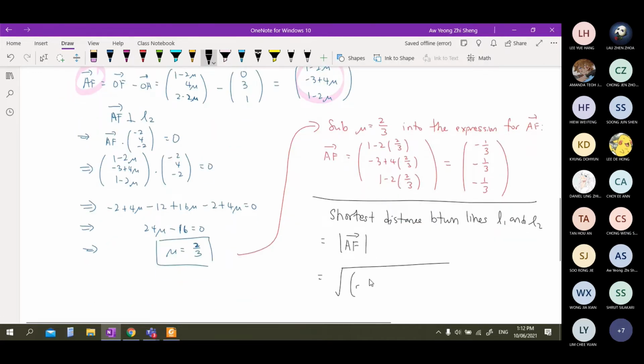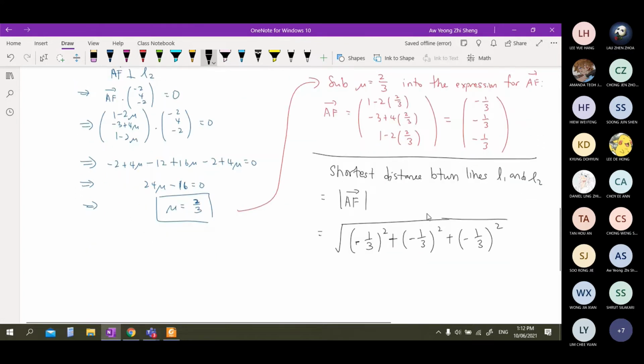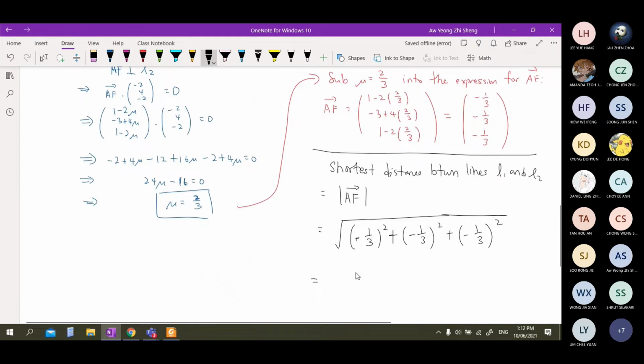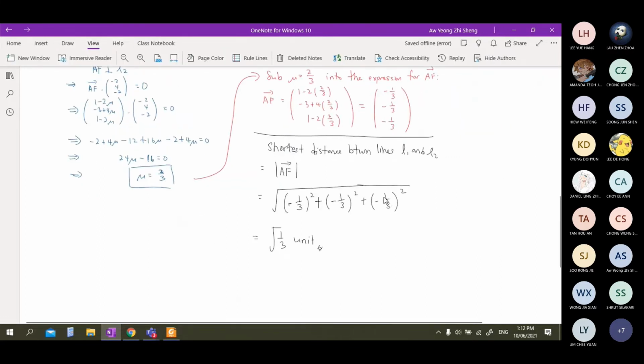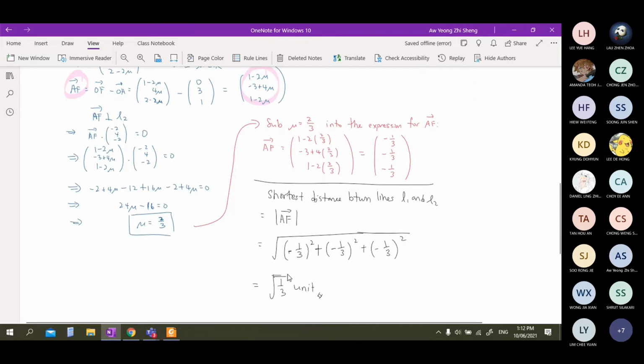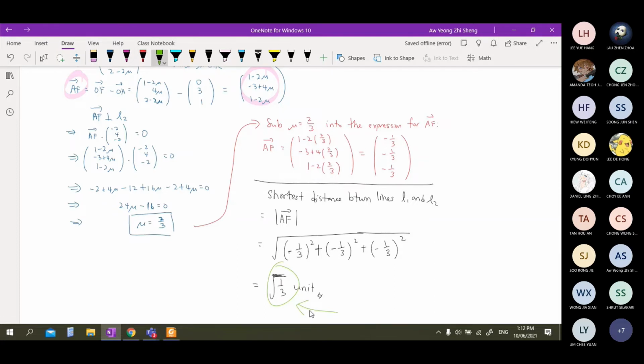Which is just minus 1/3 squared, minus 1/3 squared again, minus 1/3 and squared again. And you get square root of 1/3 units. Of course, this can also be written in other equivalent forms.